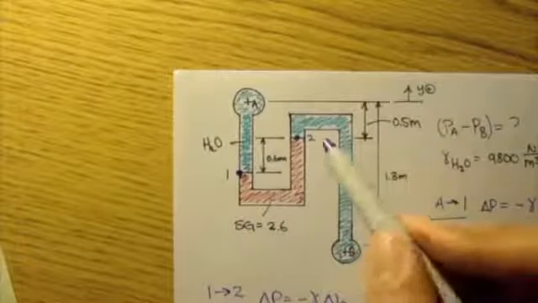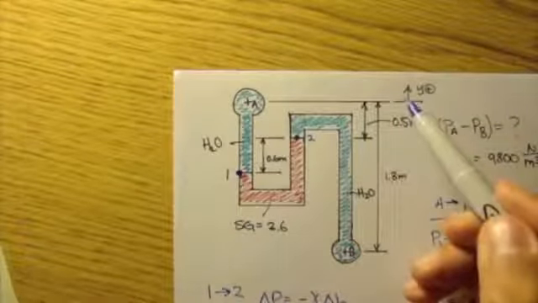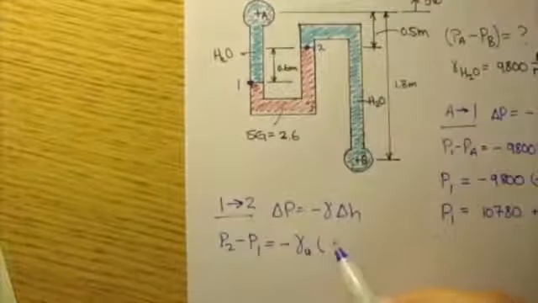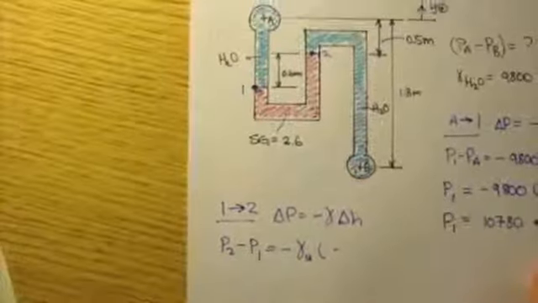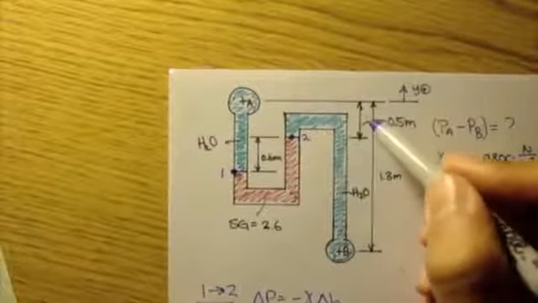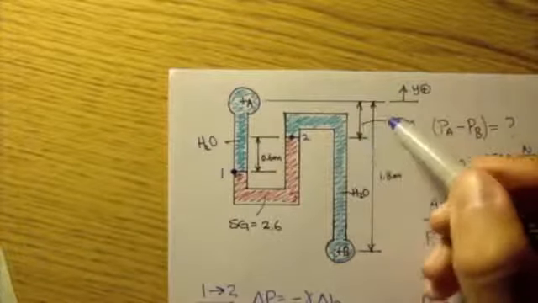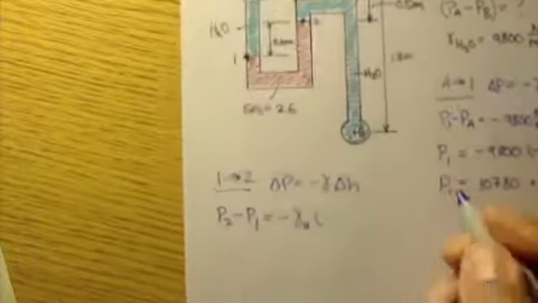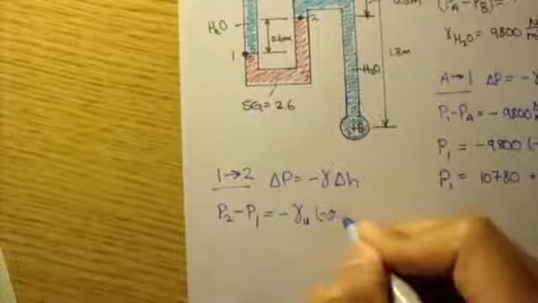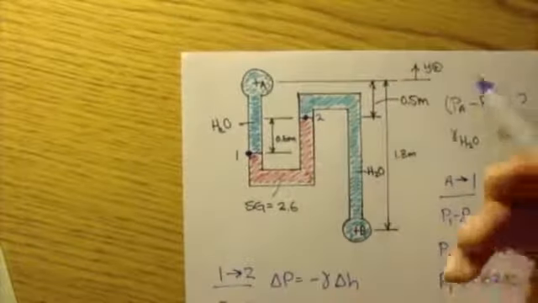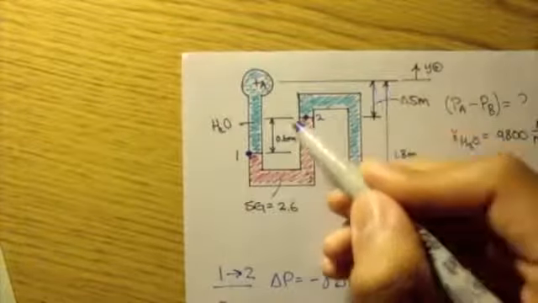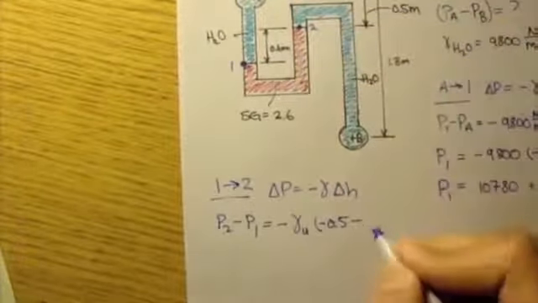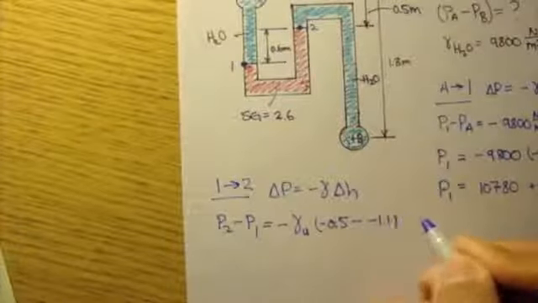The change in height is height final minus height initial. Our final height is up here at 2, which is negative 0.5, minus our initial height. It was 0.5 plus 0.6, 1.1 in the negative, so negative 1.1.